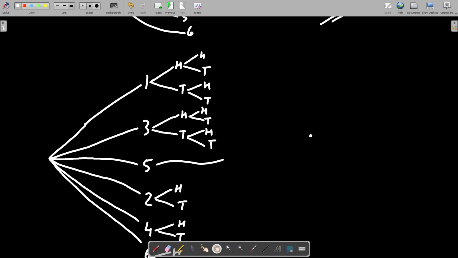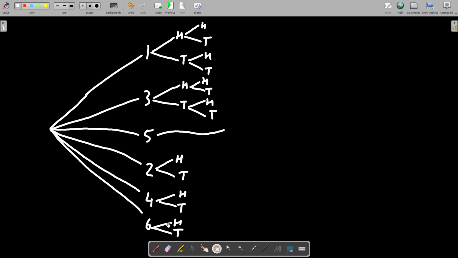So the first thing was number less than 3 occurs on the die. So what are the possibilities there? It is 1 HH, 1 HT, 1 TH, 1 TT.